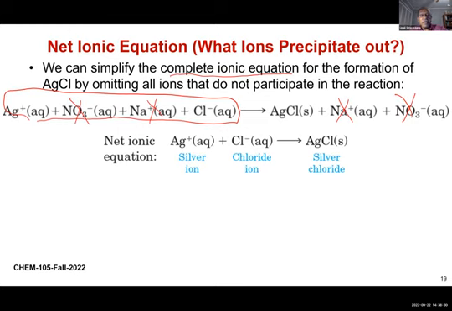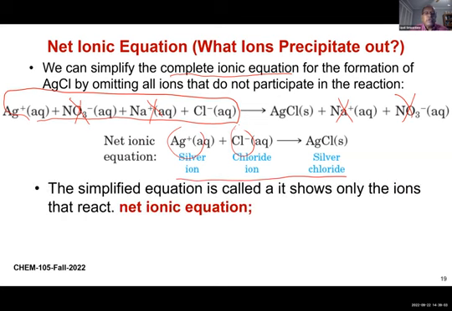Spectators are those who don't participate in a sport event. They cancel out because they are not involved in the precipitation reaction. The net ionic equation shows what really took place in the precipitation reaction: silver chloride is formed by the combination of silver ions and chloride ions.